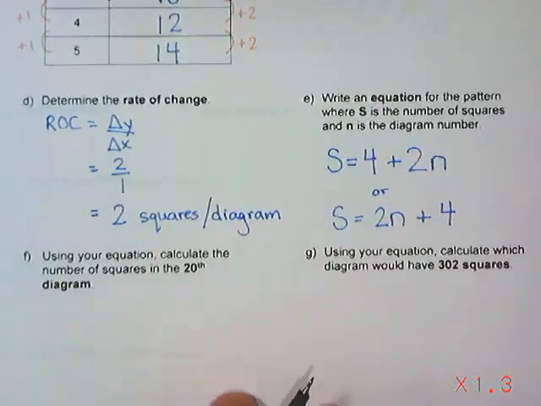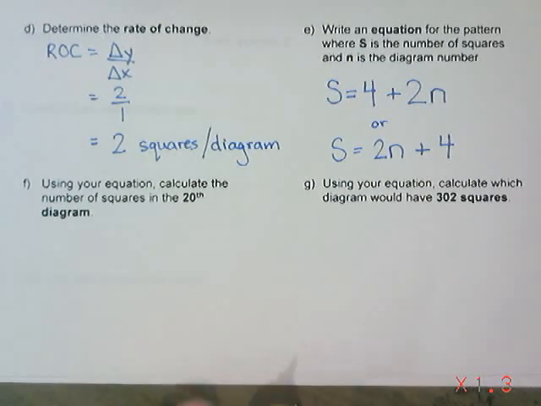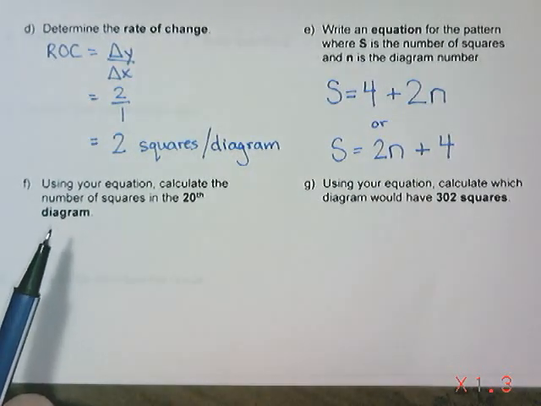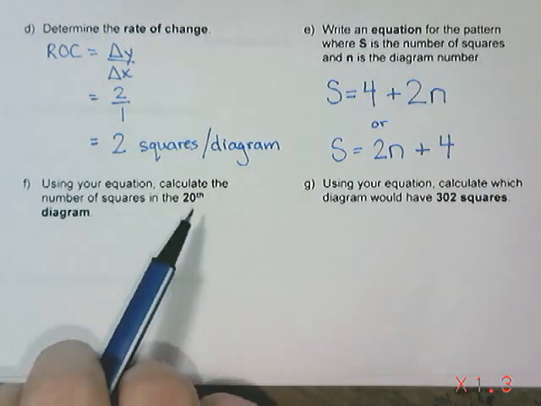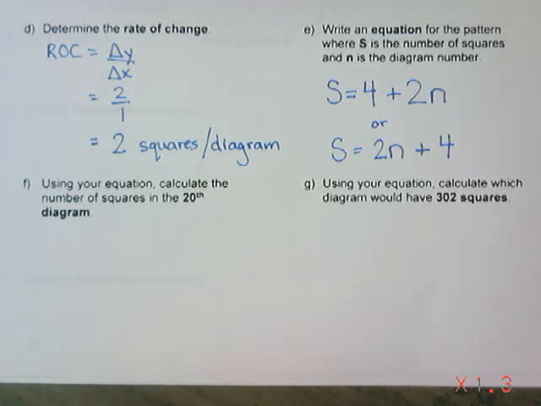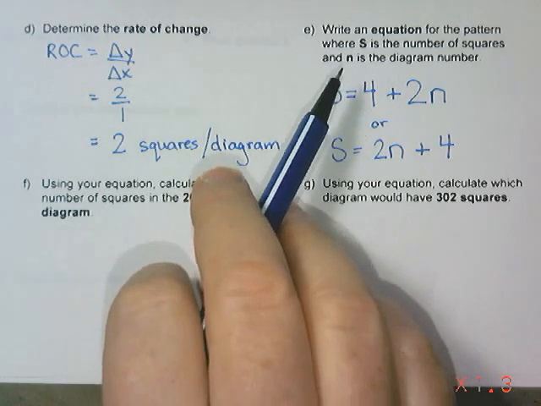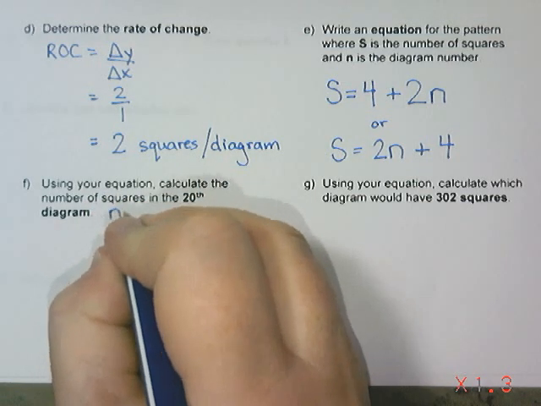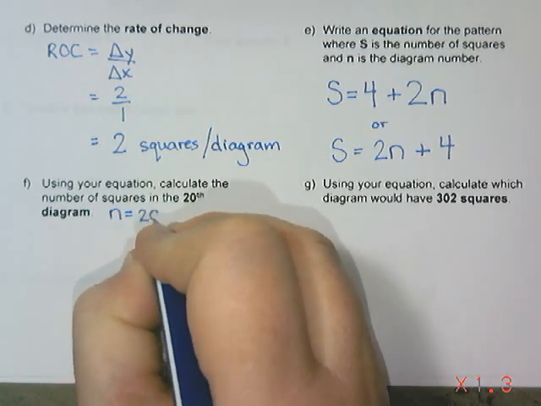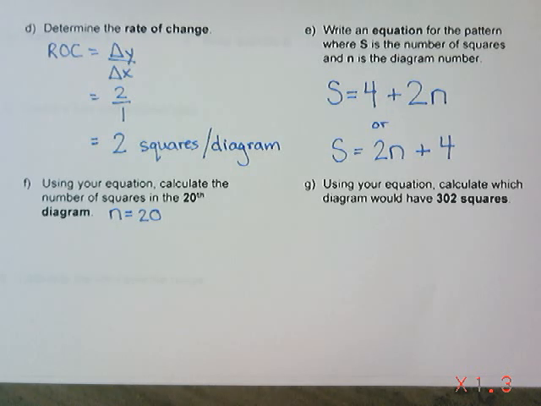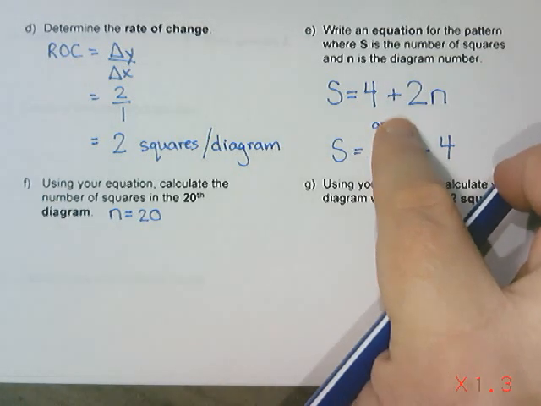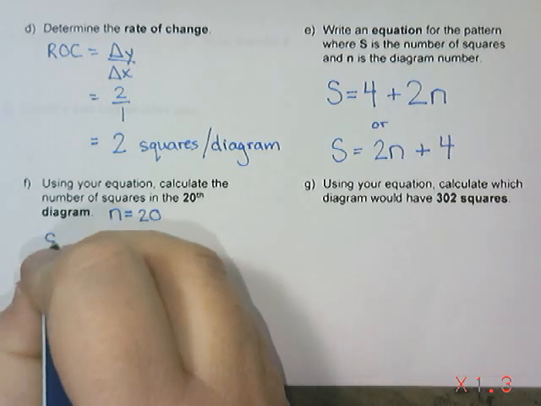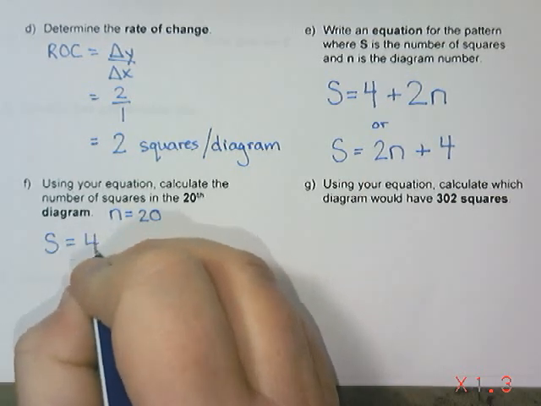Okay, our last 2 questions involve doing a little bit of calculating. So it says, using your equation, calculate the number of squares in the 20th diagram. So our diagram, according to our formula here, is n. So we're looking at n being 20 because we want the 20th diagram. And it did specify that it wants us to use our equation. So I'm going to take my equation. So S equals 4 plus 2n.